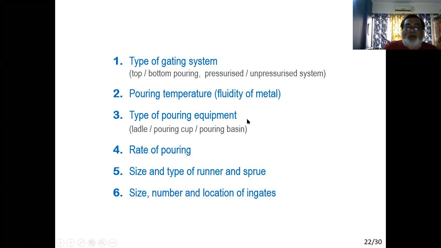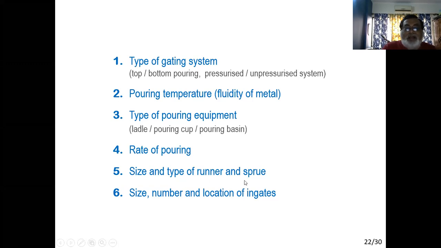Type of the pouring equipment, or at what point we are pouring the liquid metal and which equipment we are using, whether it is a ladle or we are pouring directly from the ladle to the mold cavity, or we are using a pouring cup, conical pouring cup, or a pouring basin. All these are different. We will see later. The rate of pouring is also a critical factor because it will govern the velocity.